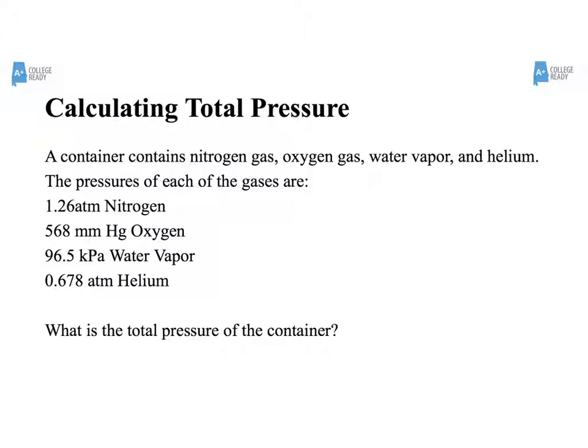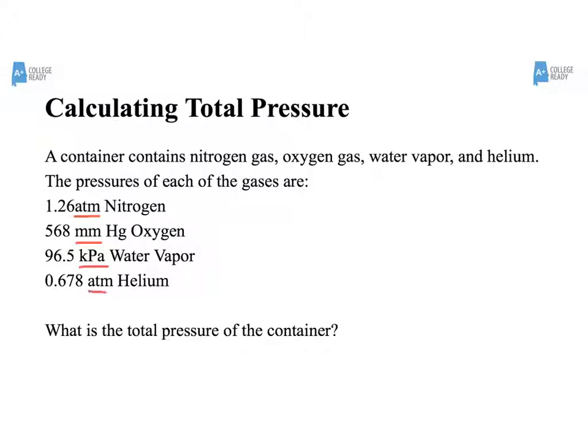We are going to talk about a container, and in the container there's nitrogen, oxygen, water vapor, and helium, and these are all the partial pressures, and so we want to calculate the total pressure of the system. So first, notice that all of these are in different pressure units.